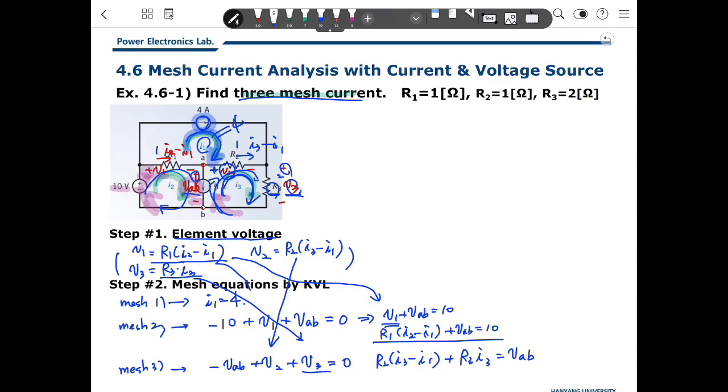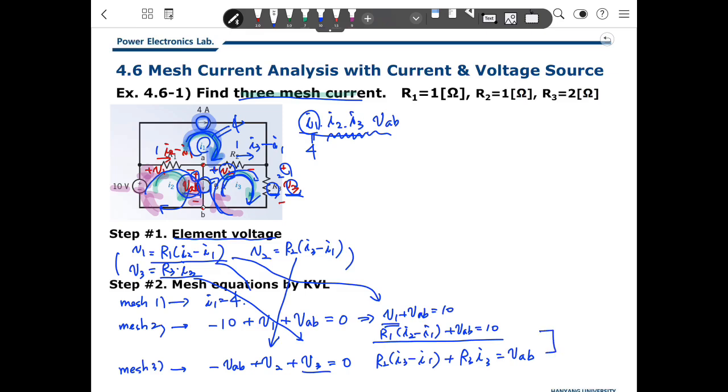Based on that, we have unknown variables I1, I2, I3, and we have one more unknown variable because of the current source, VAB. Based on the first loop, we know that I1 is 4. We have these unknown variables, but we have only two equations.